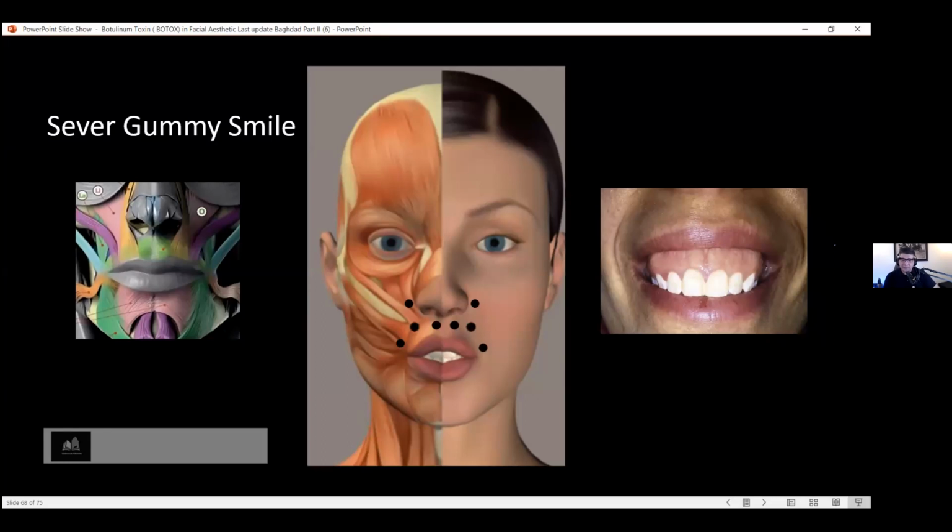Like this slide, they use the levator labii superioris alaeque nasi points, the high level and the low level, and they use the fulcrum medial part, and they use the angular part. So with all these points, 8 to 10 points, to treat severe maxillary or gingival excessive display or gummy smile, but don't exceed 20 units for all these points.